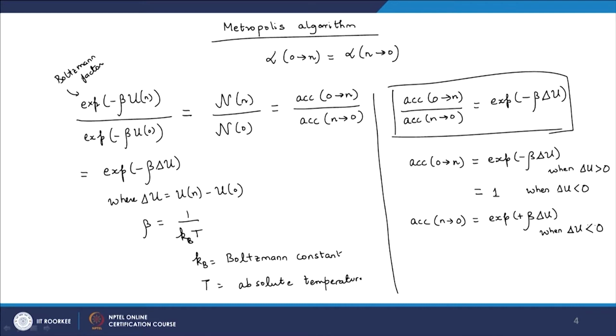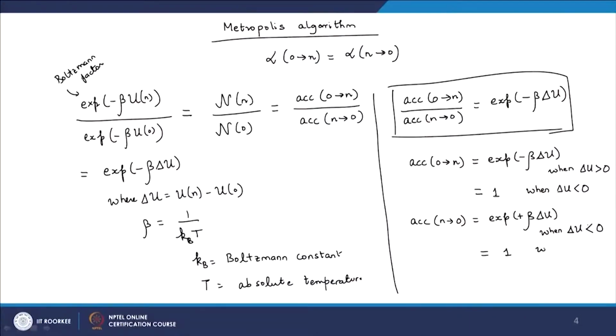So, if the reverse transition is going to a higher energy state, then I accept it with a probability of exponential of beta delta u, and I will use 1 when delta u is greater than 0.